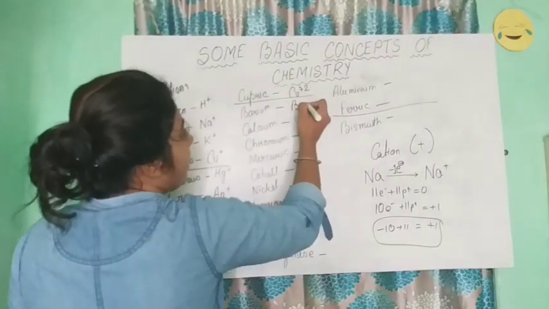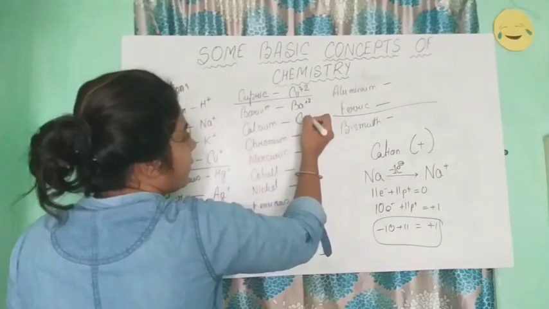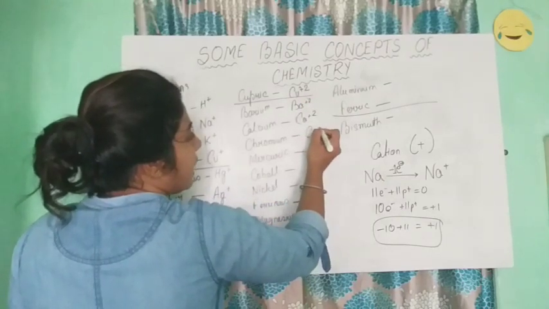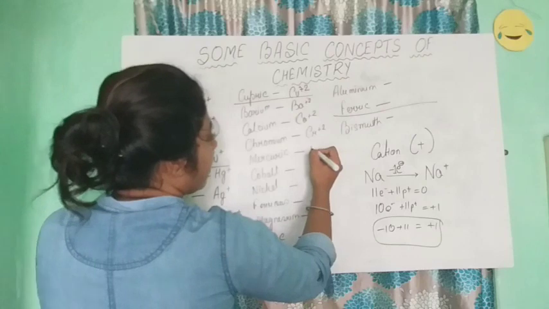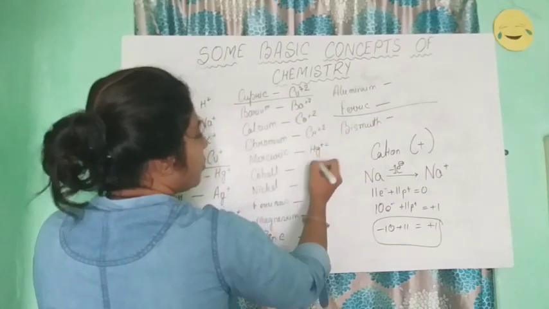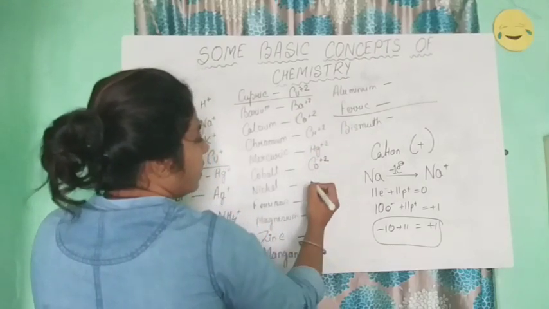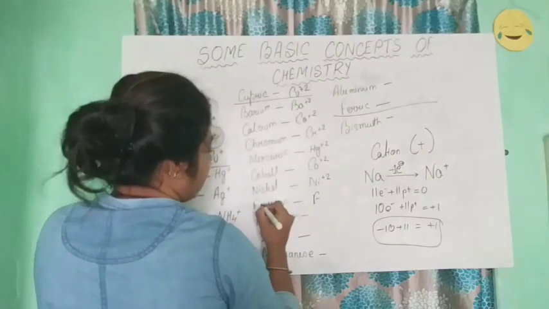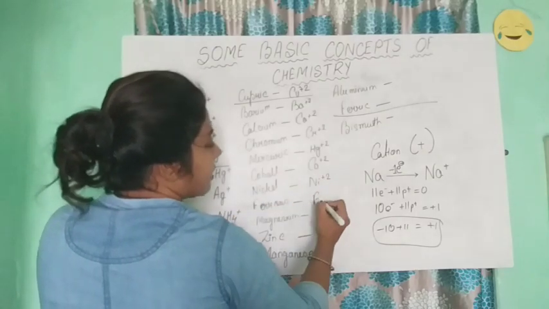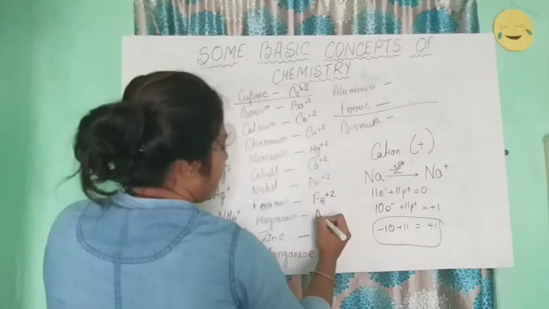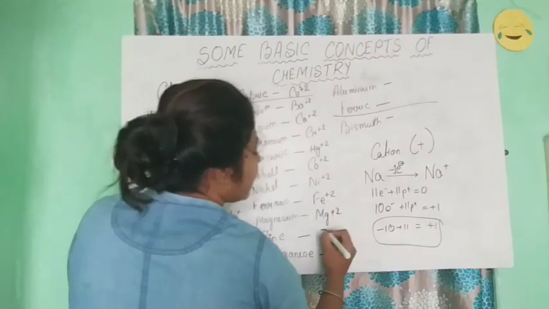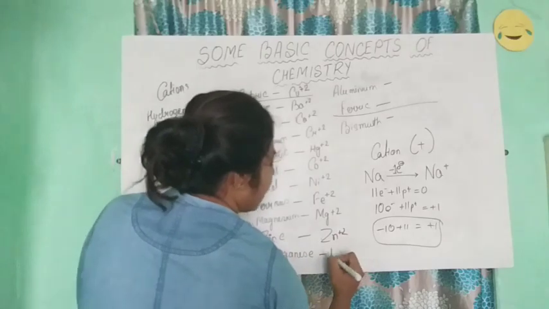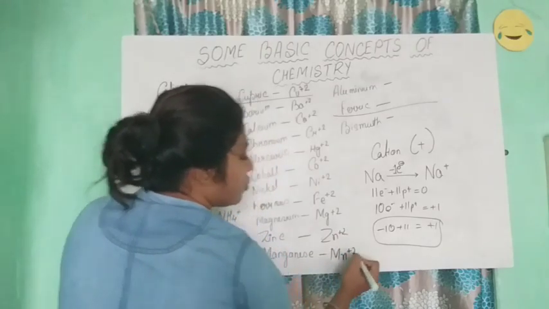Barium is Ba+2, calcium Ca+2, chromium Cr+2, mercuric Hg+2, cobalt Co+2, nickel Ni+2, ferrous is Fe+2, magnesium is Mg+2, zinc is Zn+2, and manganese is Mn+2.